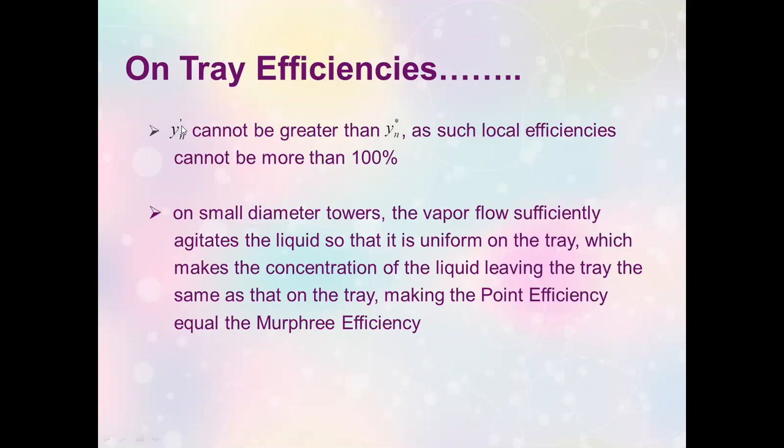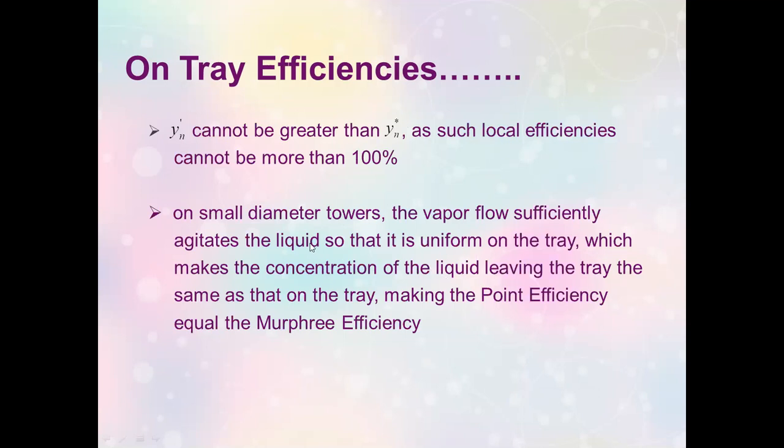Whereas the y sub n prime, the concentration of the vapor leaving a particular point on a tray, is not yet equilibrated. This one is equilibrated. So this one is higher than this. And that has to be always remembered because local efficiencies cannot be more than 100%. When you speak of local efficiencies, class, just like when you speak of local news, local anything, it means it's more specific to a particular location.